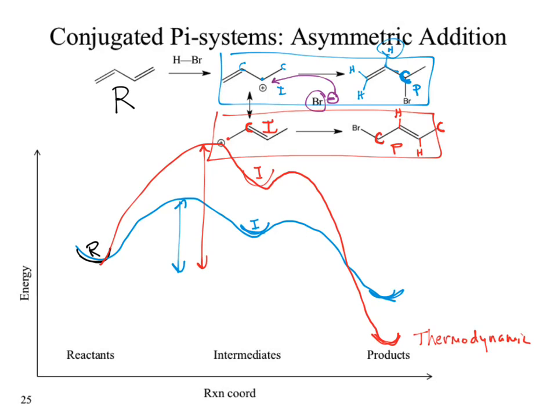Because the intermediate was more stable and lower in energy. That means this blue product happens faster. Because we're now talking about speed, I can bring in the idea of kinetics. Okay, so I end up with a kinetic product and a thermodynamic product.